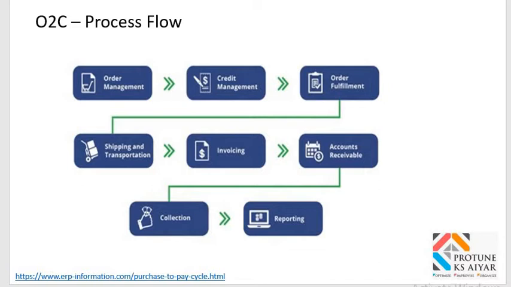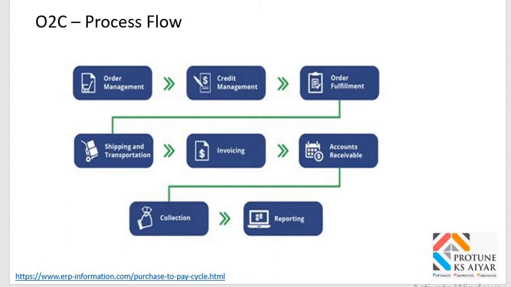So let us look at what all activities are carried out within the O2C process. The first piece is the order management. Imagine any manufacturing company or any pharma or any FMCG company to which this particular process flow would be relevant.